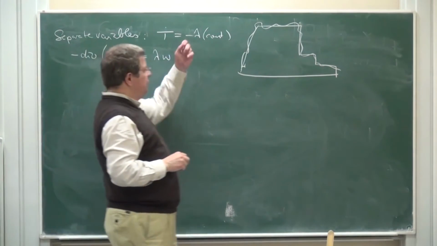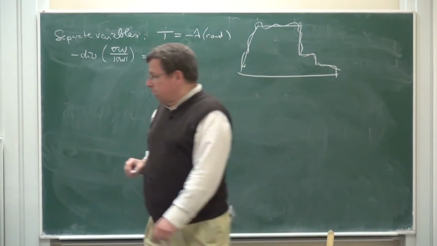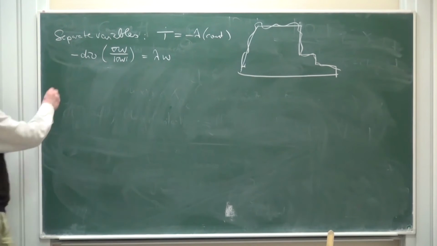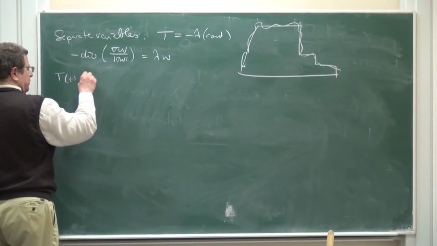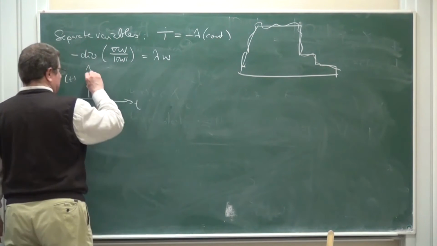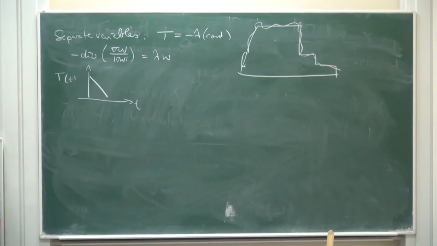And when T dot is constant, that means that T is linearly decreasing. So the behavior of T over t looks like this. And this means after a short time everything has disappeared.